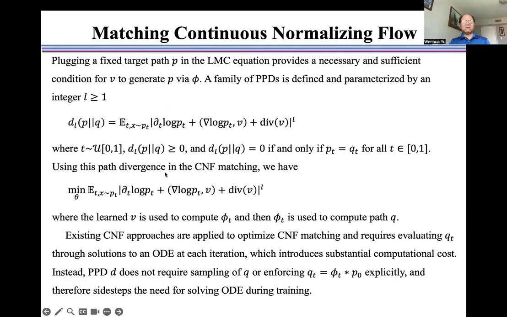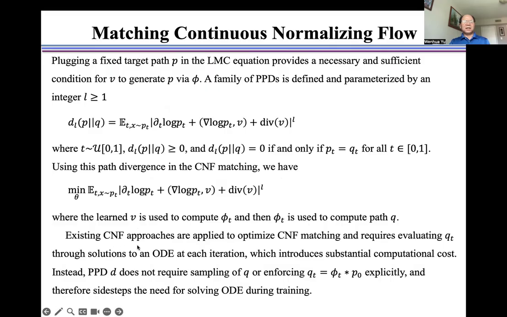Using this path divergence in the CNF matching, we have this minimization problem, where the learned V is used to compute phi t, and then phi t is used to compute path Q.